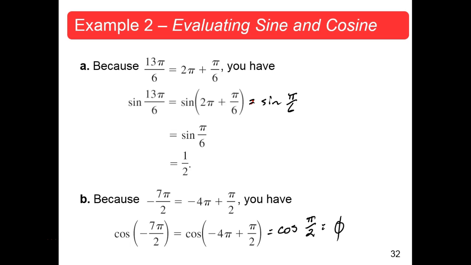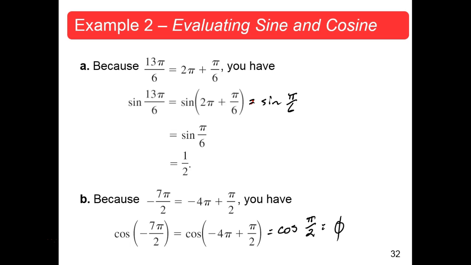Or actually, I think another better way to do it is to add 2 pi to this. This is negative 3.5 pi. Well, add 2 pi to it. Now you get negative 1.5 pi. Negative 1.5 pi is the same place as positive 1.5 pi. You're up there at the same place.